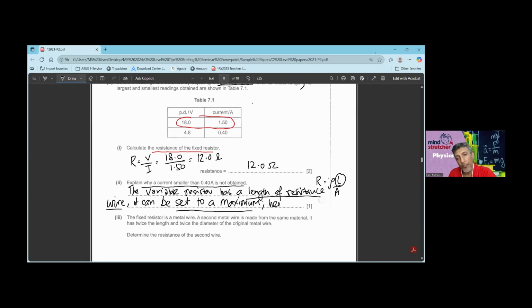Hence, the current, because you're setting the resistance or the length to a maximum, cannot be smaller than that.